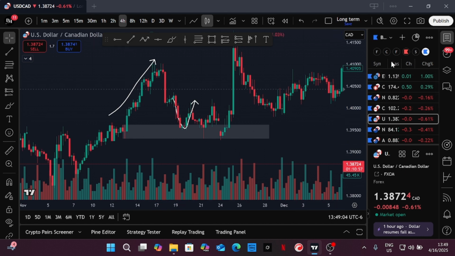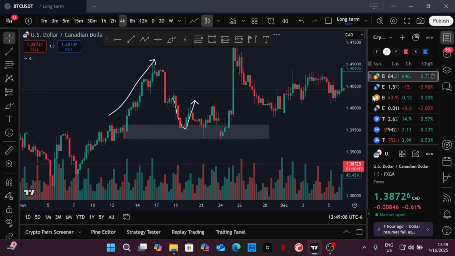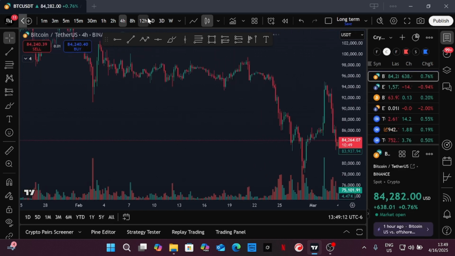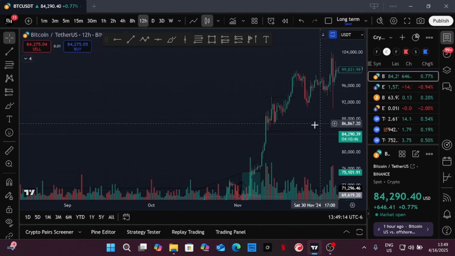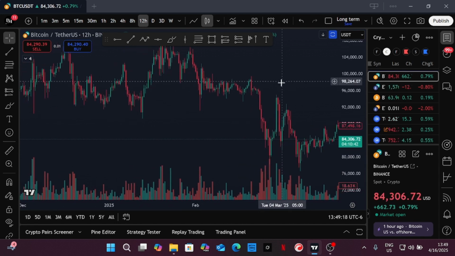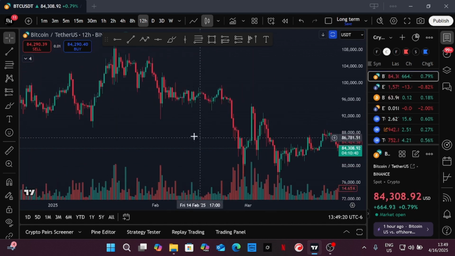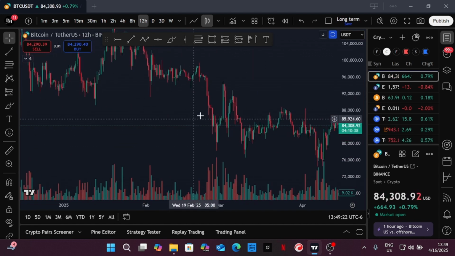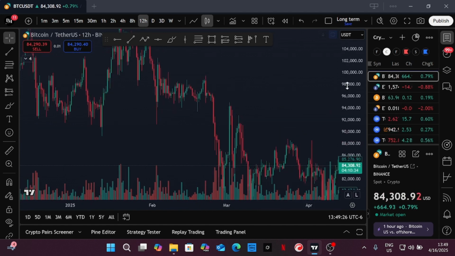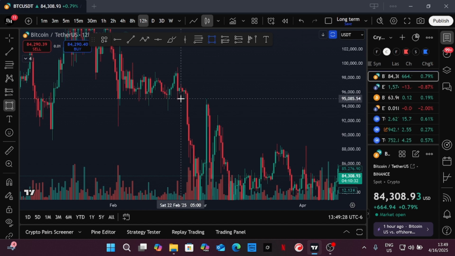And we'll just go and find one more example to show you guys that it does work in every industry. We will go to Bitcoin here. Okay, we'll even go to a different time frame. We'll go to the 12-hour time frame. And let's just see what we got. So again, this is almost perfect, but it did get front ran a little bit.